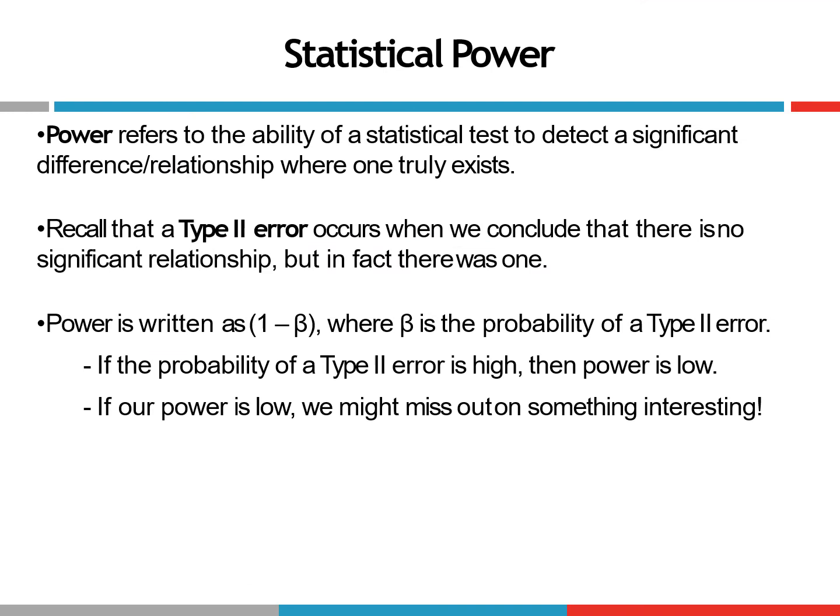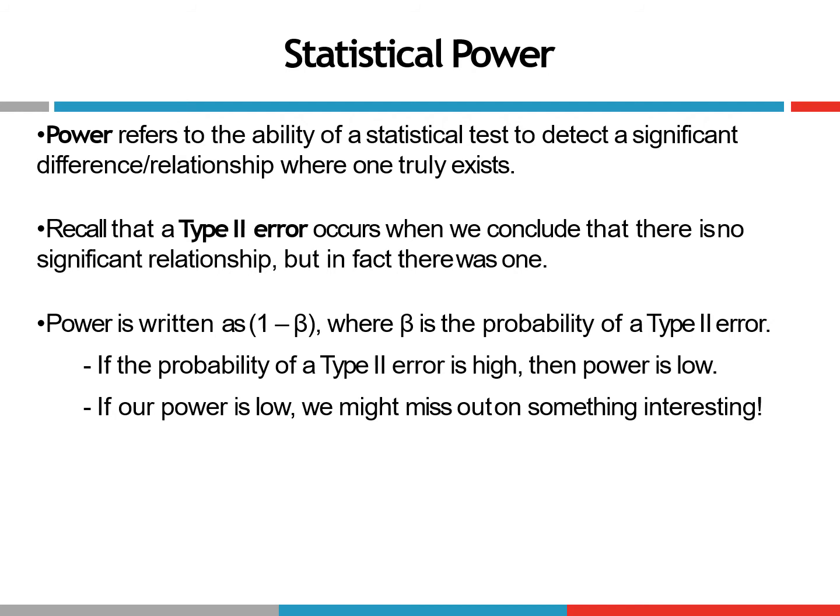So statistical power is the ability of any statistical test to detect a significant difference or relationship where one truly exists, right? When we talked about statistical significance a couple of modules ago, we talked about different types of errors.